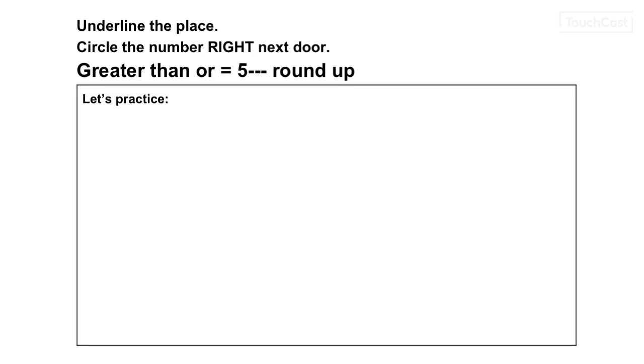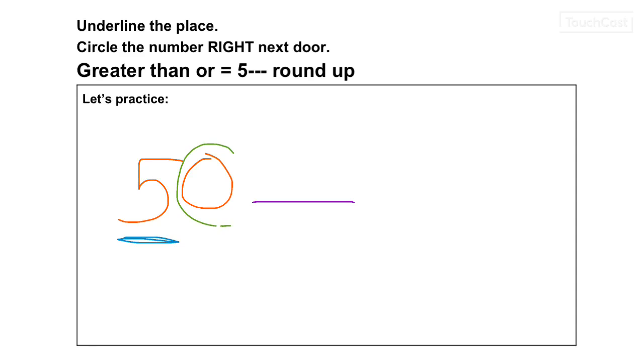So, what would happen if we had the number 50? Number 50 can be rounded. So, I'm going to look and underline the number in the tens place. 50 has 5 tens and 0 ones, so 5 tens. I'm going to circle the ones place because I looked right next door.